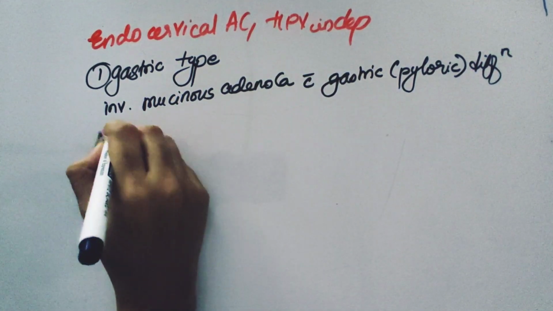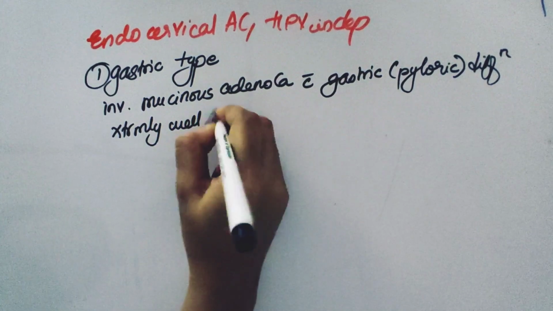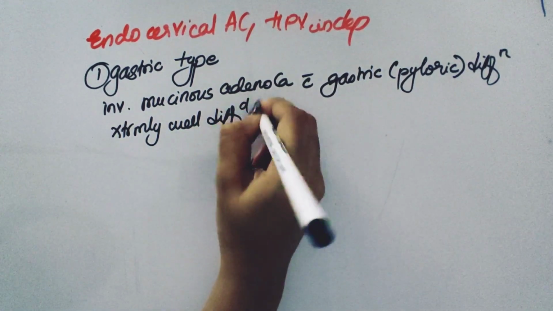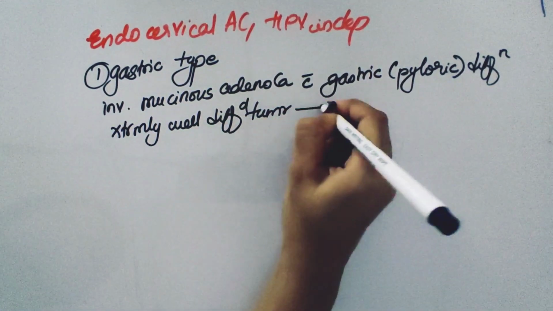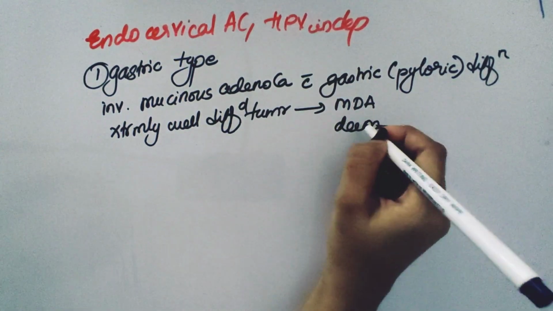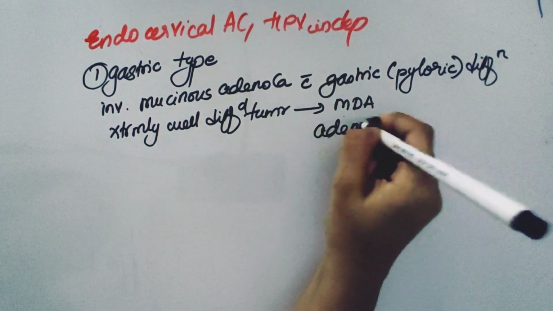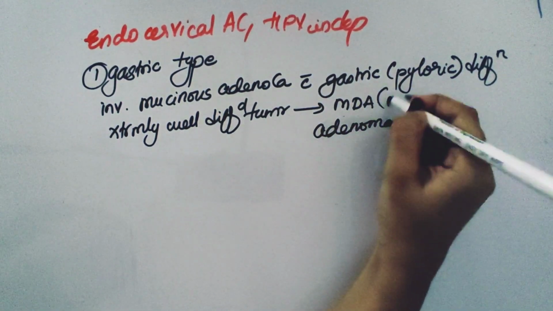And there is also an extremely well differentiated variant for this tumor. It is called MDA, or adenoma malignum. What is MDA?